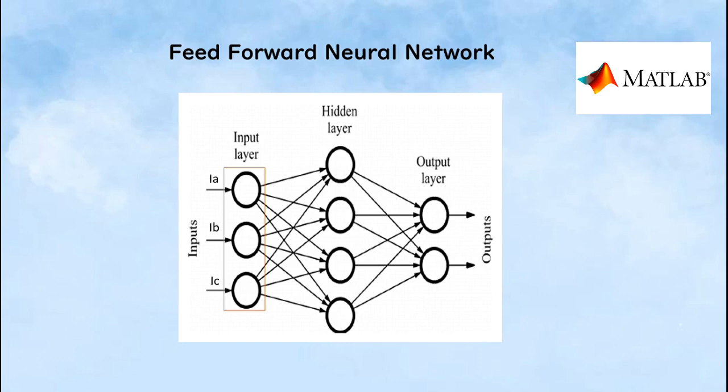Then, the output of the FFNN will be binary, in terms of 0 or 1. This binary will represent the operating status of the protection device, where 1 is interpreted as the circuit breaker being on, while 0 means the circuit breaker is off.